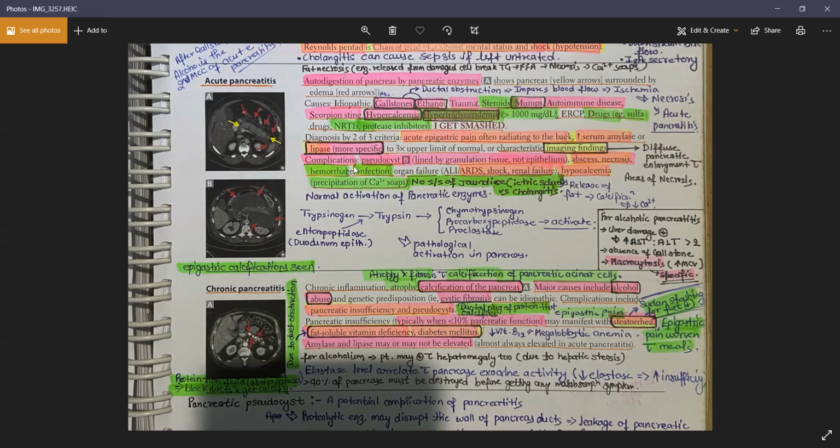And what will happen if I block the blood supply of the pancreas? What kind of necrosis happens then? Coagulative necrosis. In case of a blockage in the blood supply, you will always have the coagulative type of necrosis. In case of direct enzyme activation, you will have liquefactive necrosis. Do not get confused.